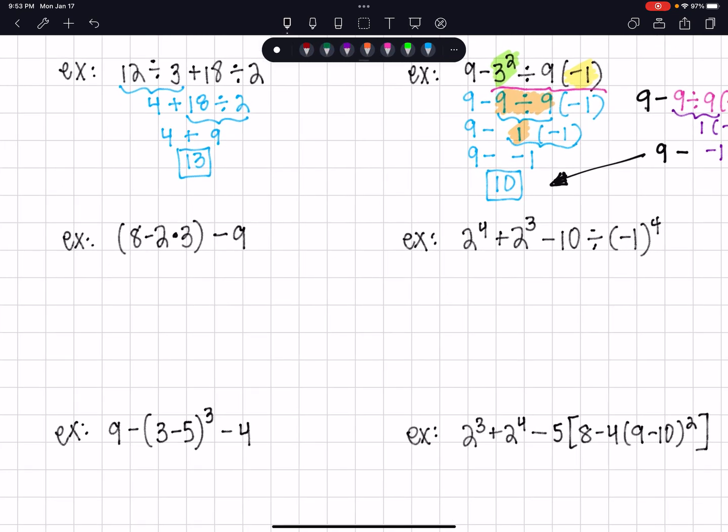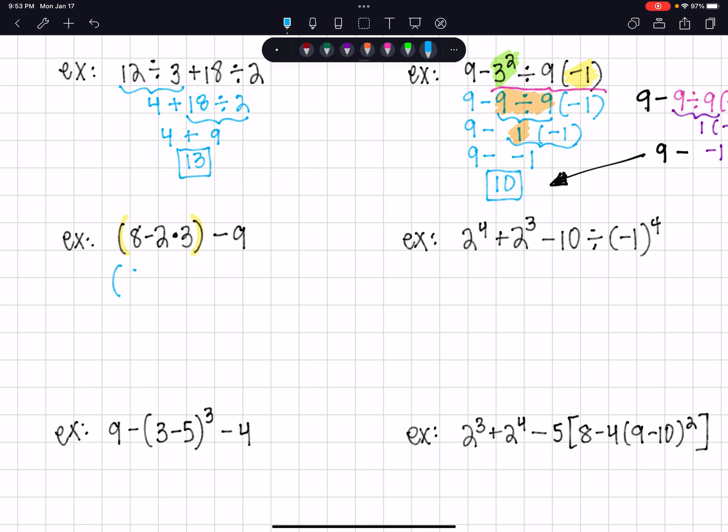Okay, let's try another. 8 minus, in parentheses, 2 times 3, minus 9. This time we have parentheses. So we're going to go into the parentheses and simplify that expression. In the parentheses, I look for more parentheses or exponents, and if I don't find those, I'm going to multiply and divide from left to right, which I can see I already have.